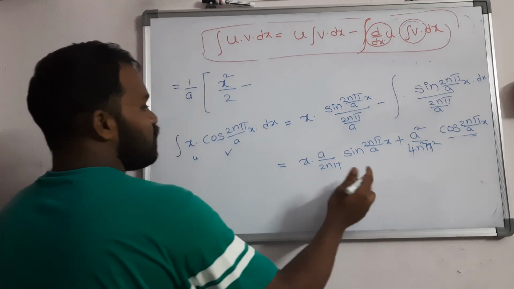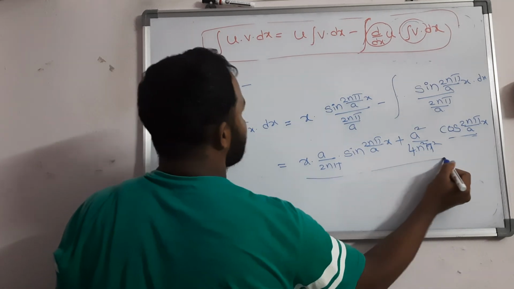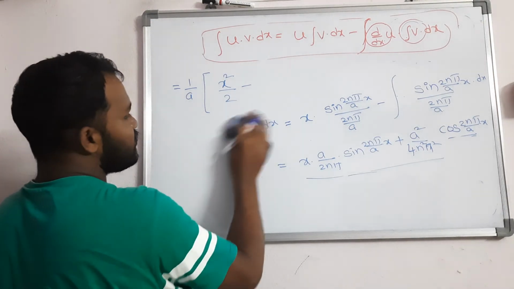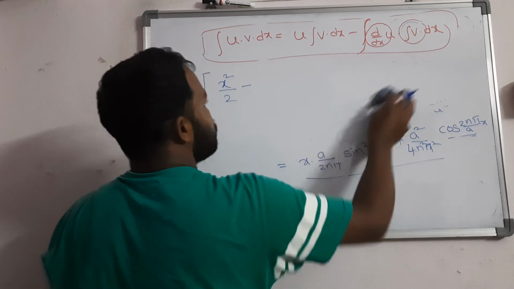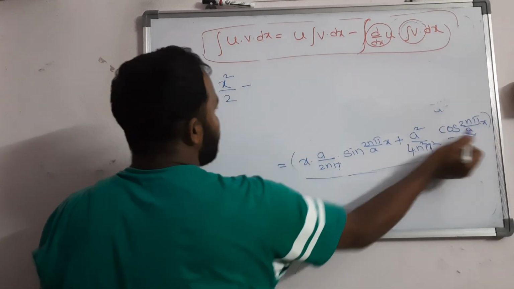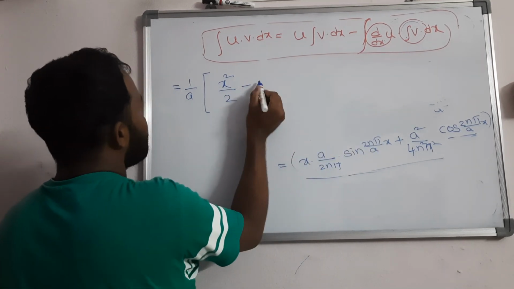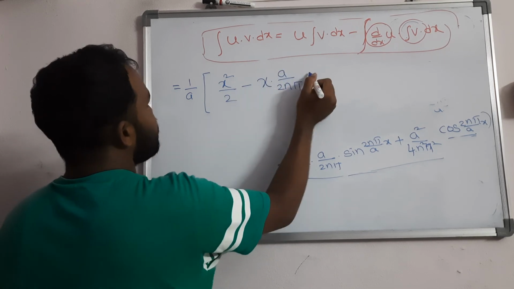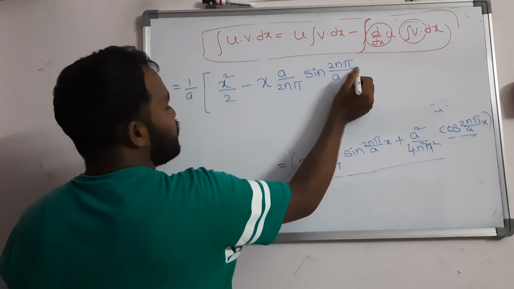Now you should write the complete value in this place. Then what will you get? Minus into, directly in place of this value you should write this. Multiplying minus directly, minus x into a by 2n pi into sine 2n pi by a into x.